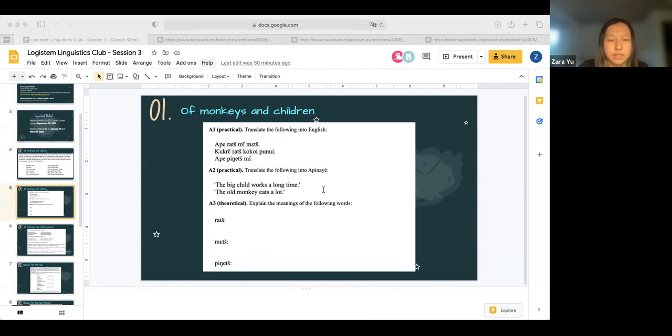Now translating it the other way, first we know works is APE, and we put that first, like that. If we want to do works a long time, then we use that word again. I'm not doing exactly how it's spelled here because I don't have those characters, but you guys can get the point. And then we do the big child. Okay, so let me see.